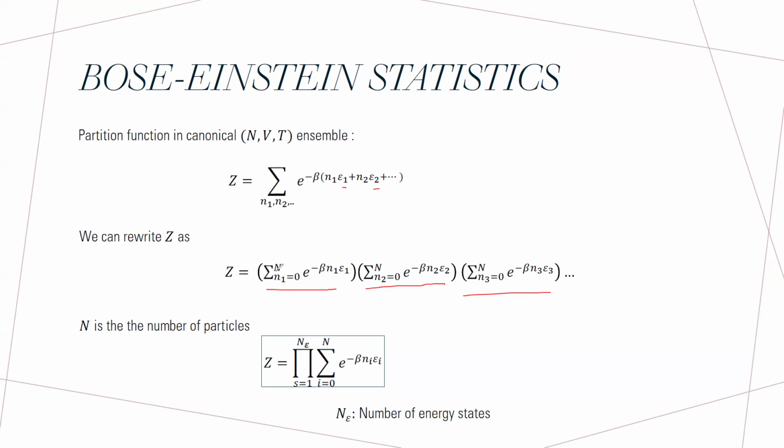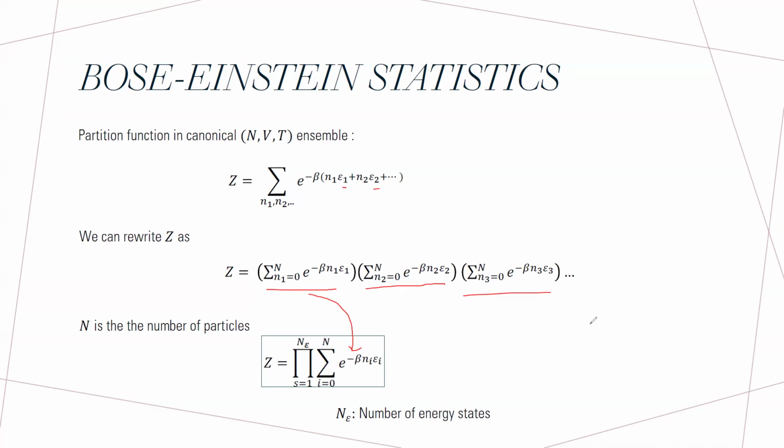So this is the summation. These summations are given by this sum. And since this is a product, we have this symbol over here. The symbol denotes the product, and it varies from s equal to 1 to the number of energy states.